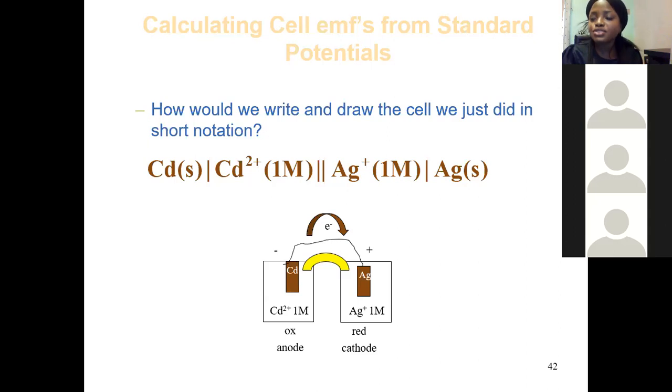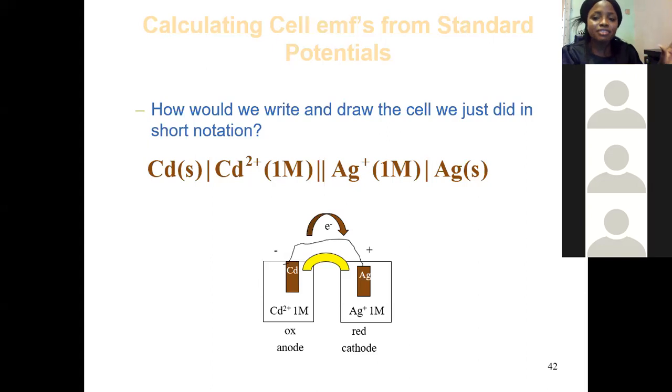Now, if you are asked to calculate the EMF of a cell, which was where we stopped the last time, you would either rearrange it. This example I gave you now is written as an oxidation and a reduction equation.